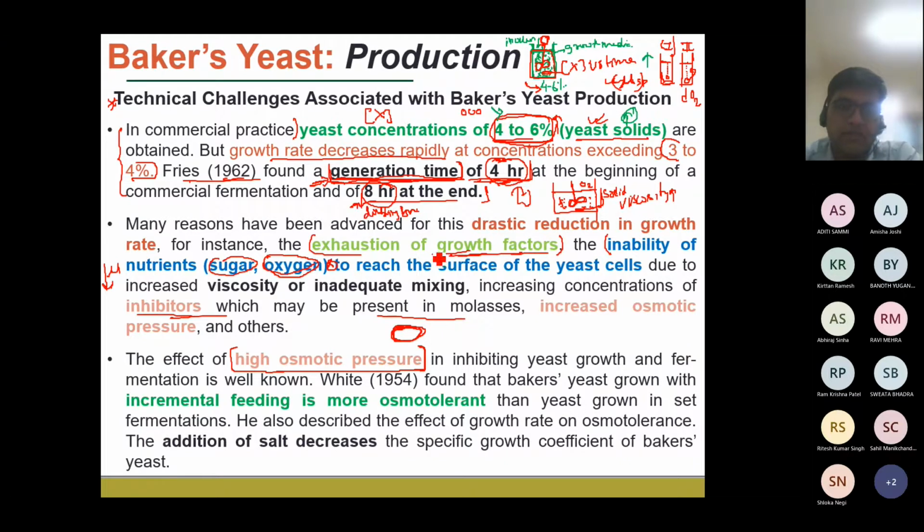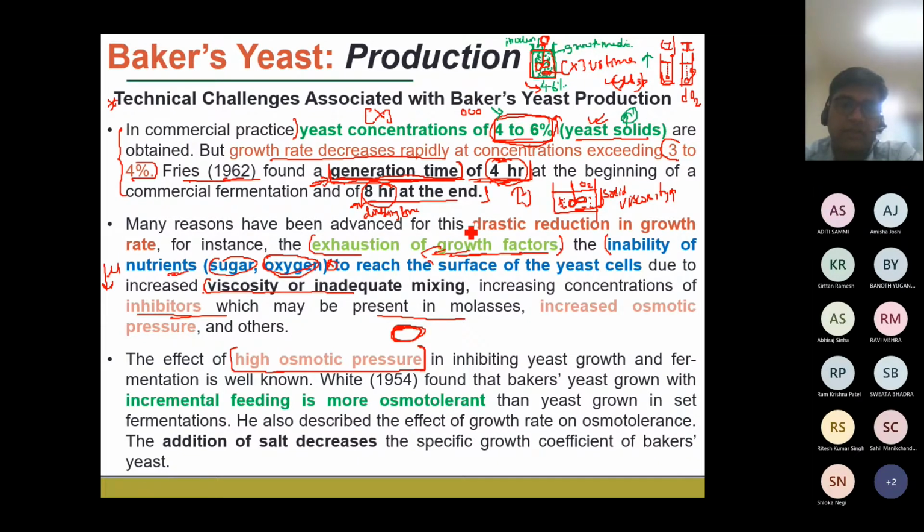Then there are other problems: the exhaustion of the growth factors and the nutrients, especially the sugar and oxygen. And as we have discussed, with increase in the fermentation time, generally the viscosity of the media increases because of the growth of the yeast, and with the increase in viscosity, the mixing of the sugar and nutrient components gets limited.